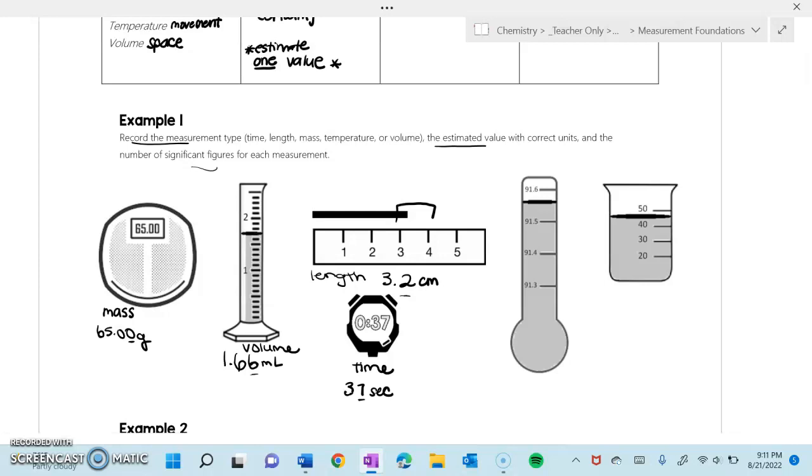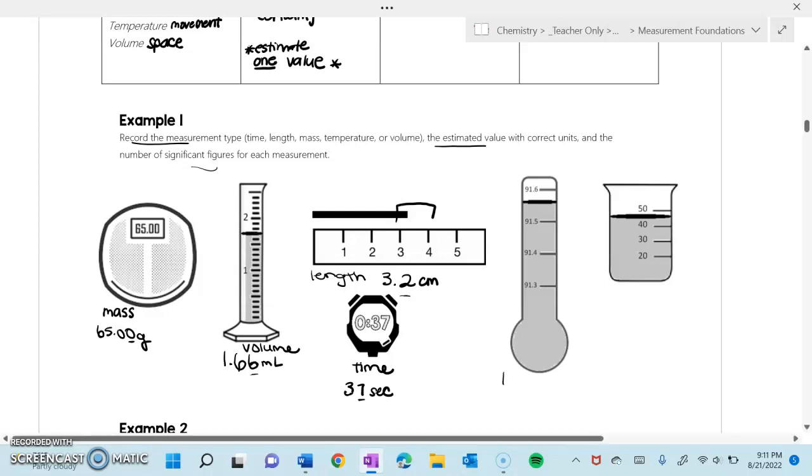Okay, continuing on here, this looks like a thermometer, so that is temperature. And let's go ahead and record all of our known values. It's definitely 91.5 something because we're in between 0.5 and 0.6.